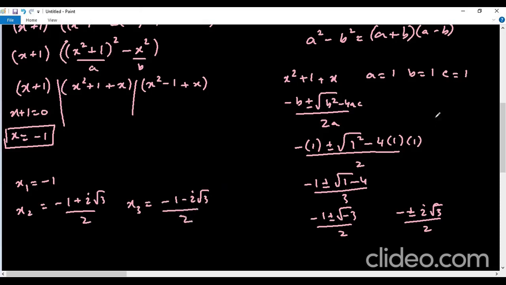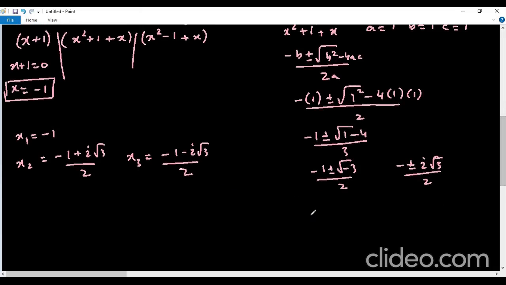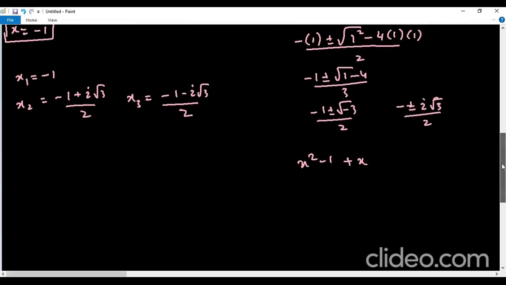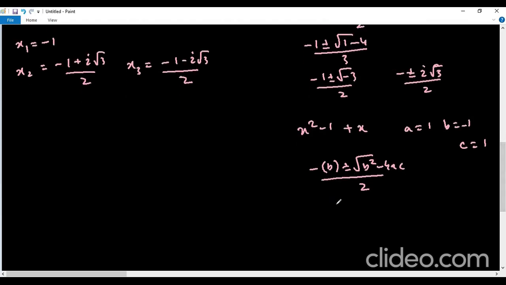Now going for this value, this is going to give us x square negative 1 plus x. That means here we have the value as a equals 1, b equals negative 1 and c equals 1. Again using the same formula, minus b plus minus under root b square minus 4ac over 2a. That means a is already 1, so we don't consider that.